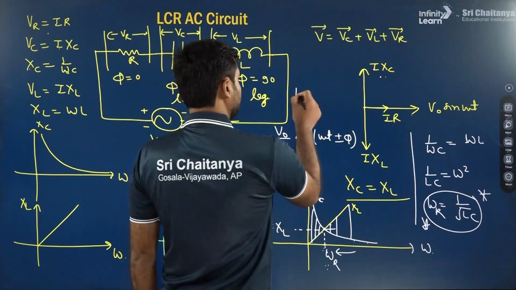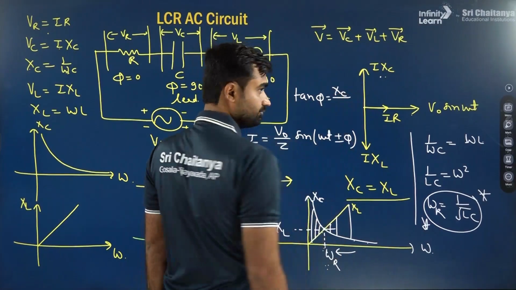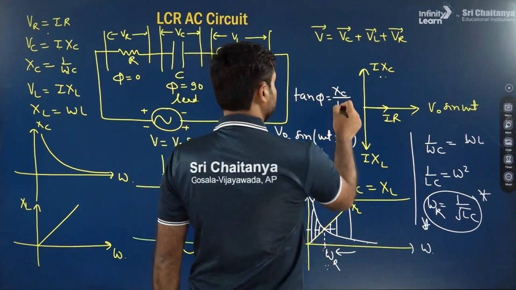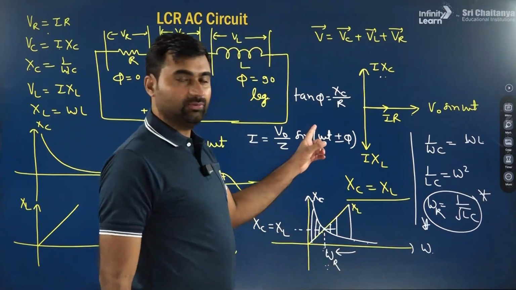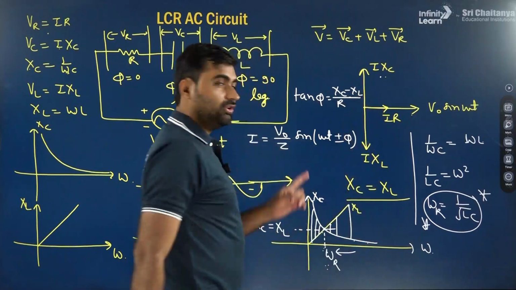How to find this phi? There is a formula. Tan phi formula is XC minus XL by R. When to use this formula?